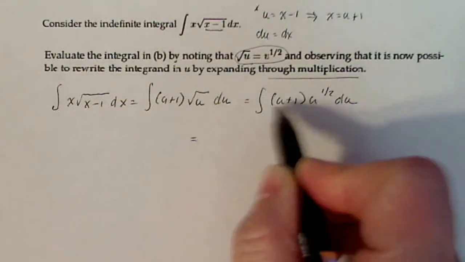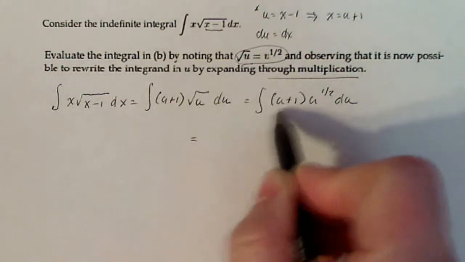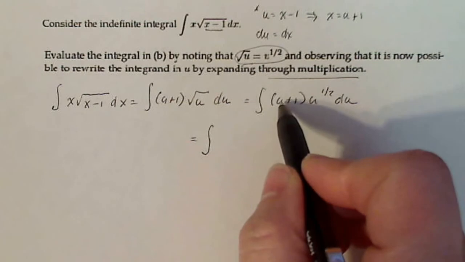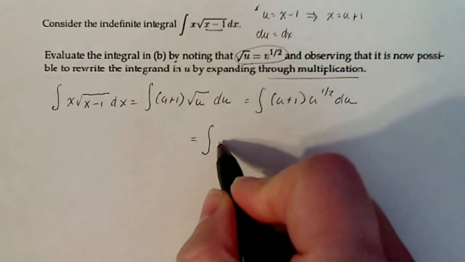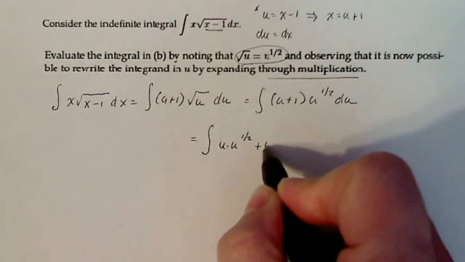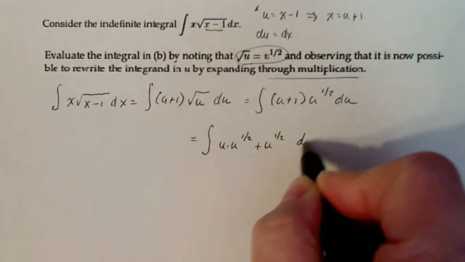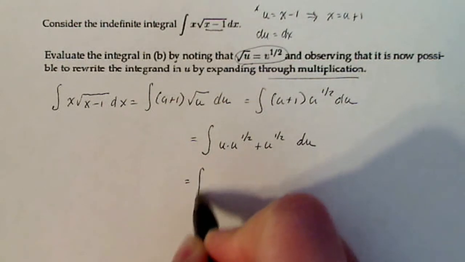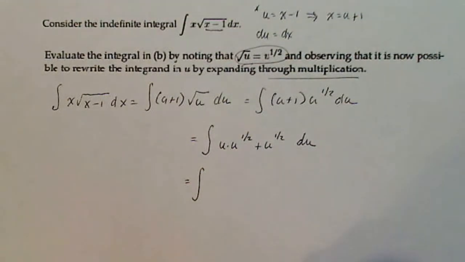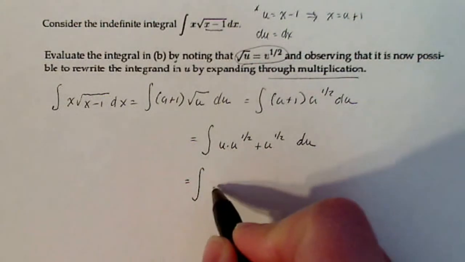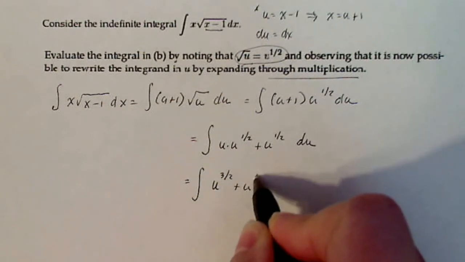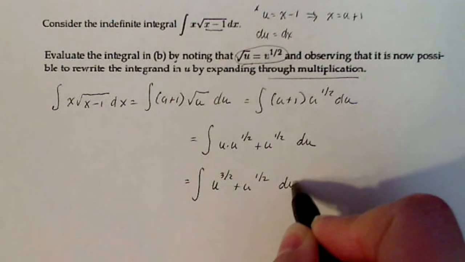Then through the distributive property of multiplication over addition, this becomes u times u to the 1/2 plus 1 times u to the 1/2 du. So I add these powers, remember? 1 plus 1/2, don't write 1 1/2 as a power. You know that 1 1/2 is 3/2. So this is u to the 3/2 plus u to the 1/2 du.